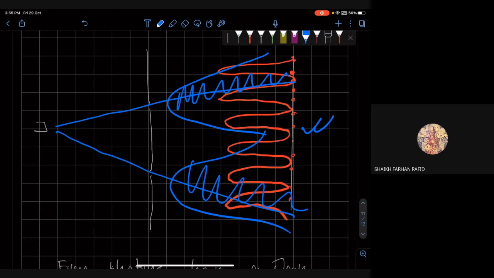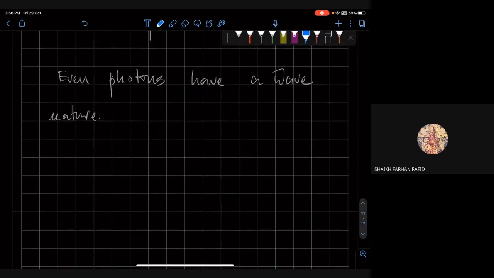Okay, so what we saw is that even photons have a wave nature.